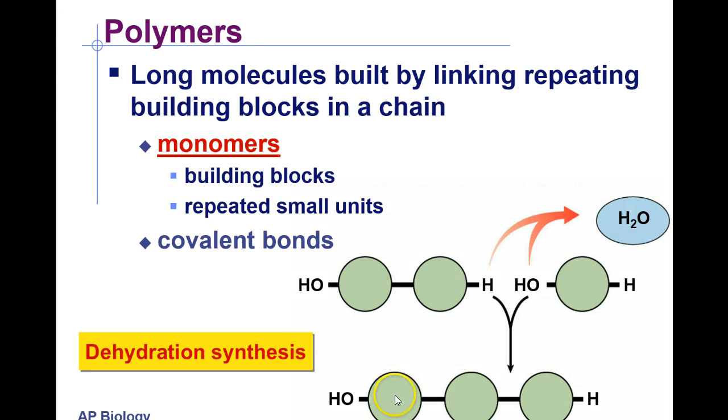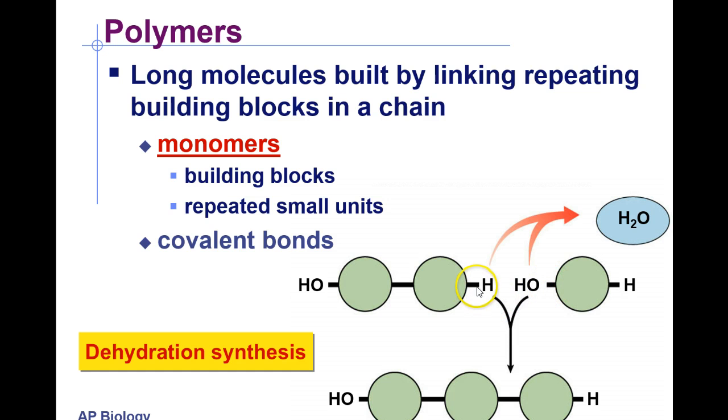So if we think of each of these green circles here as a unit that builds a polymer, we need to put them together. So we need to create a covalent bond right in here where you can see my cursor circling. To put them together, we're going to have to get rid of some of the atoms in between in order to establish this bond.